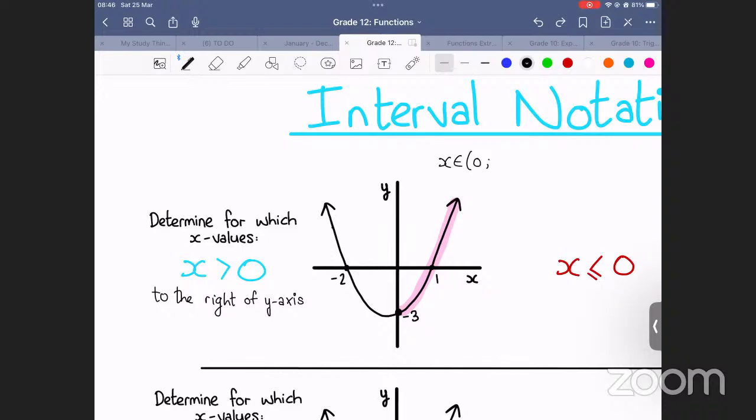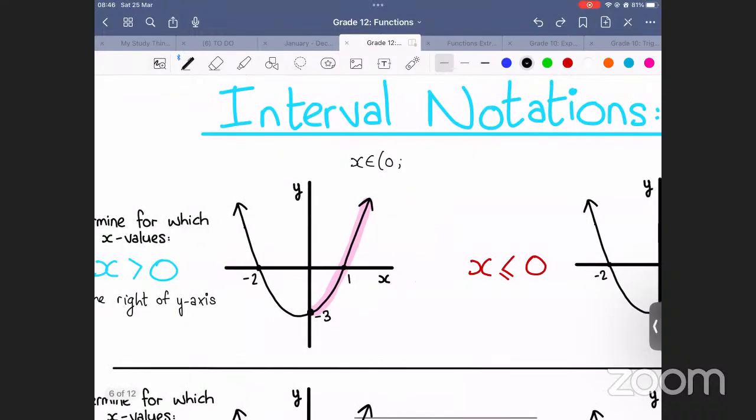Brilliant. Makes sense. So it goes up until positive infinity. And of course, we never include infinity. So that's how we could represent x being greater than 0 to the right of the y-axis. If we want to express this as an inequality, again, x is greater than 0, of course. This is the same thing as that.